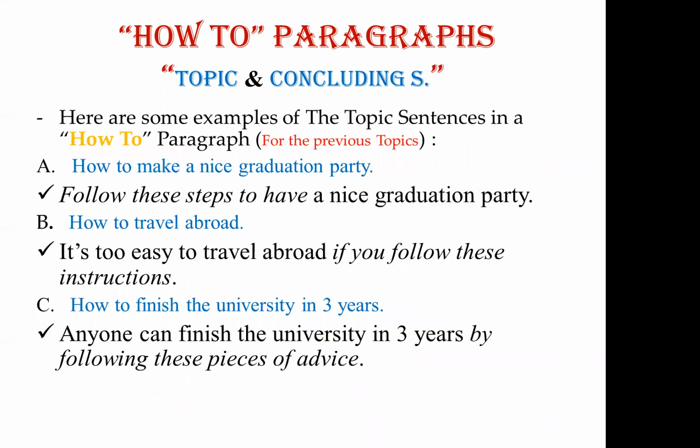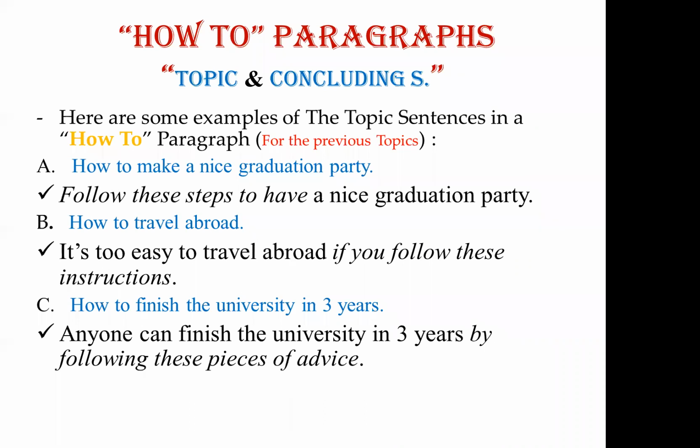Here are some examples of topic sentences in how-to paragraphs for the later topics. Here we have a topic, how to make a nice graduation party. The topic sentence will be: follow these steps to have a nice graduation party. You must focus here on the words in italics, because these are words that are used in a how-to topic sentence.